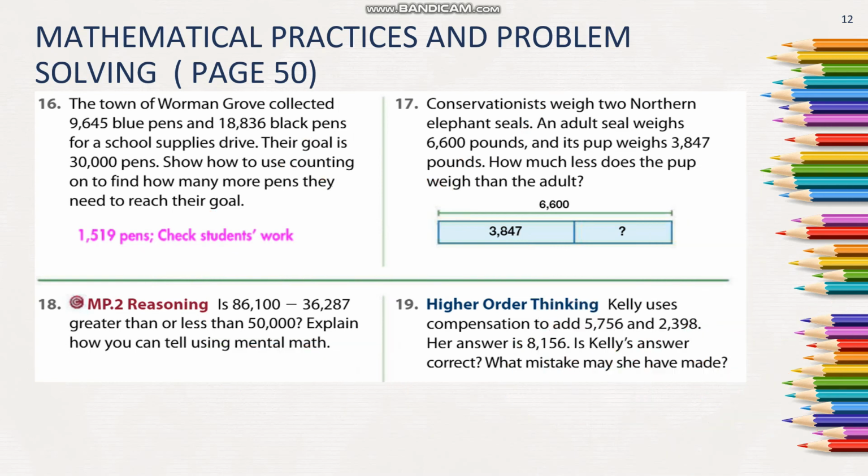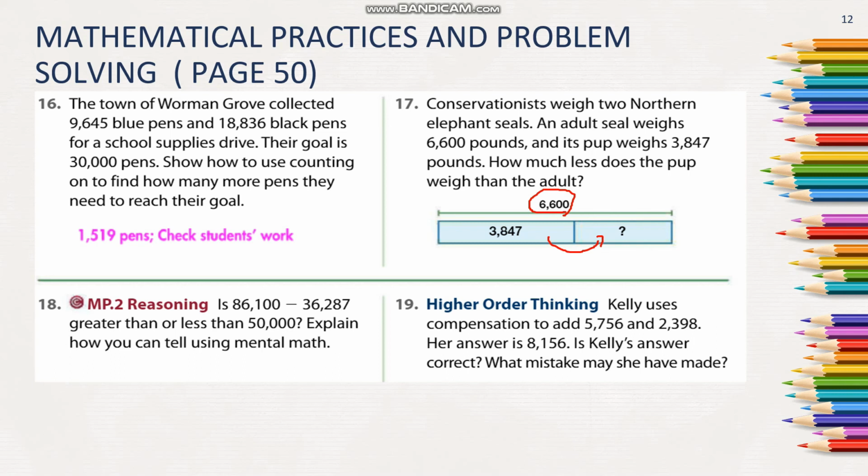Number 17, conservationists weigh two northern elephant seals. An adult seal weighs 6,600 pounds and its pup weighs 3,847 pounds. How much less did the pup weigh than the adult? In order to complete 6,600, I need to use counting on also. It's up to you if you use counting on or the compensation method.